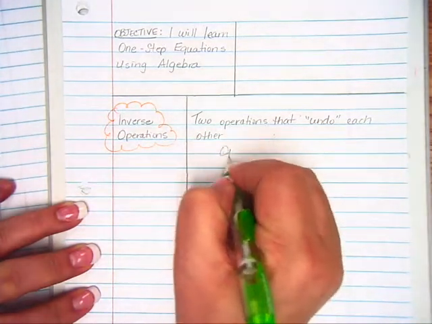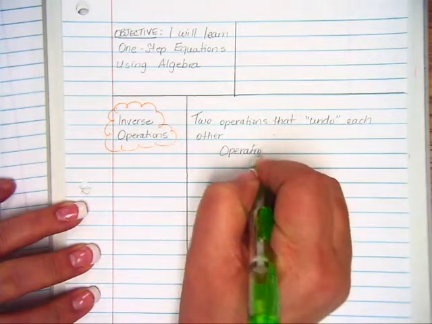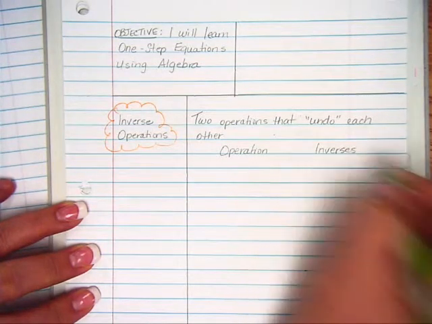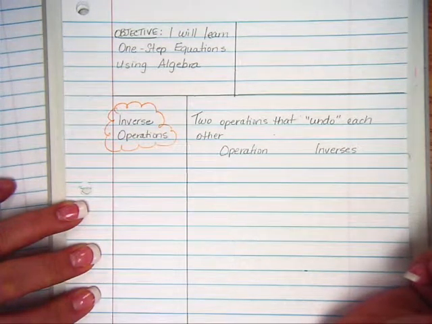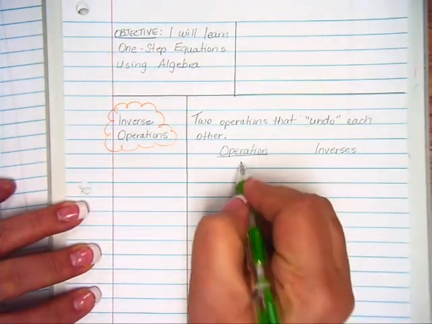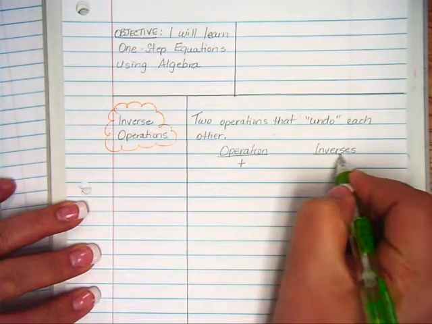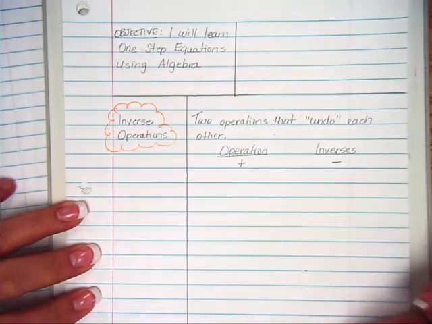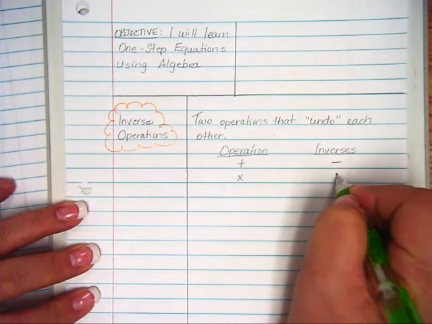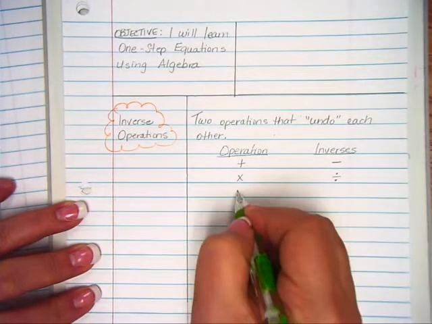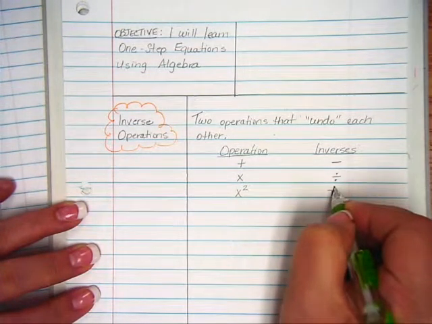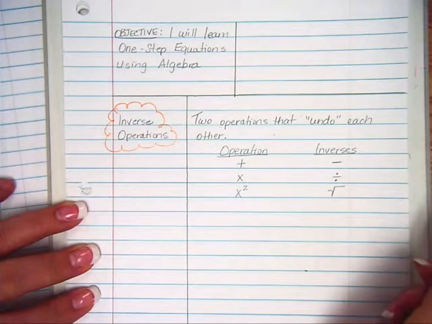So here is some operation and inverses. Two operations that undo each other. So like we said, addition, the inverse is subtraction. Multiplication, the inverse is division. What about squaring something? What's the inverse? Square root. Okay.